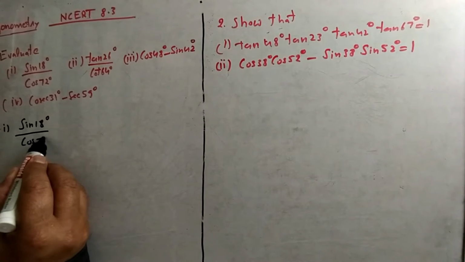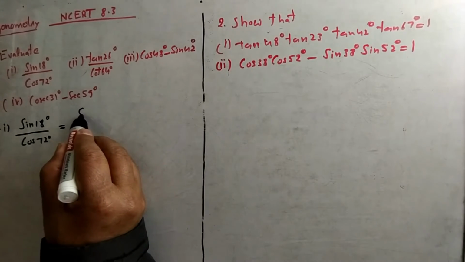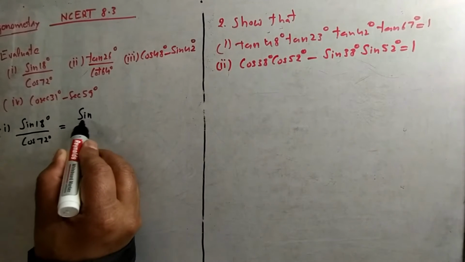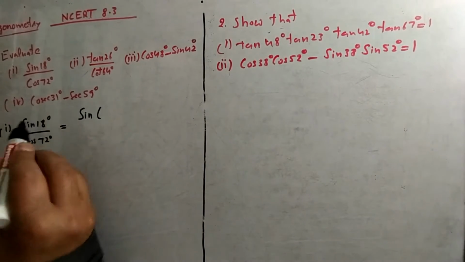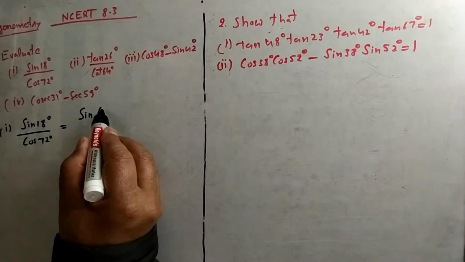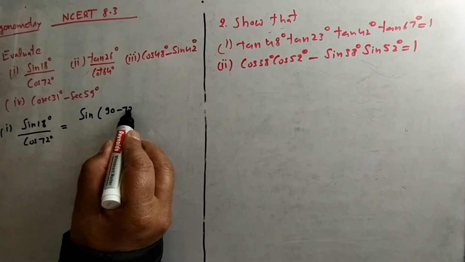This is cos 72 degree. It's very easy to simplify. You do one thing here. Put sine, and instead of 18 degree you can write 90 minus 72.